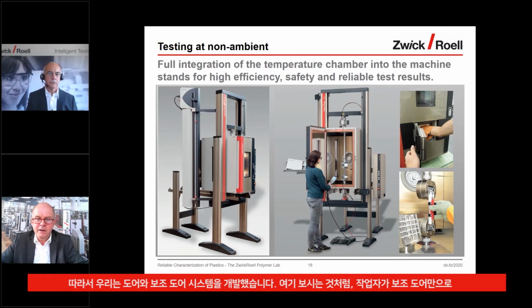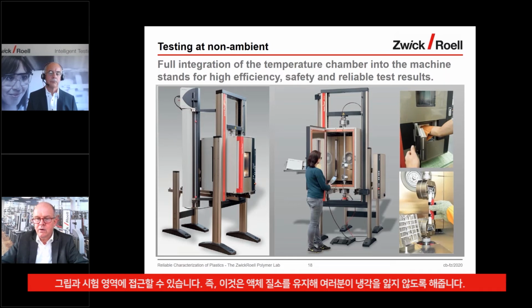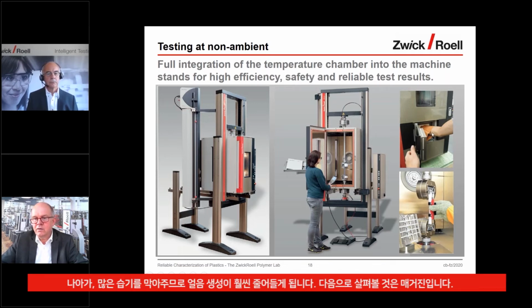So what we developed here is a door-in-door system, and this allows the operator to access the grips or the test area just by a small flap. So you don't lose the liquid nitrogen or the nitrogen in the chamber, so you don't lose the cold. And another advantage is you don't bring in so much moisture, so the build-up of ice is also very much reduced.